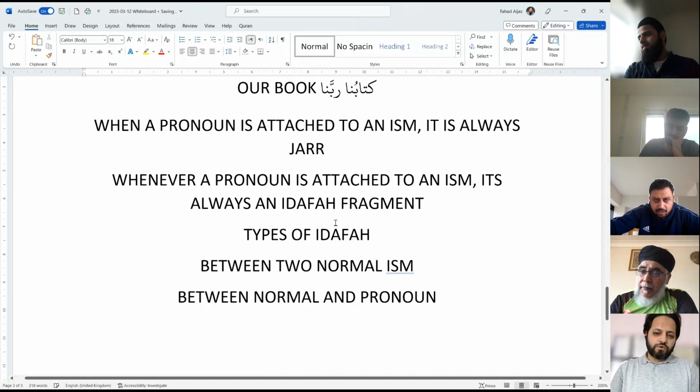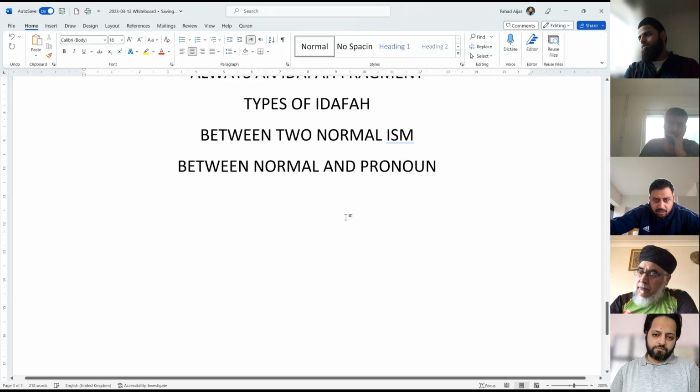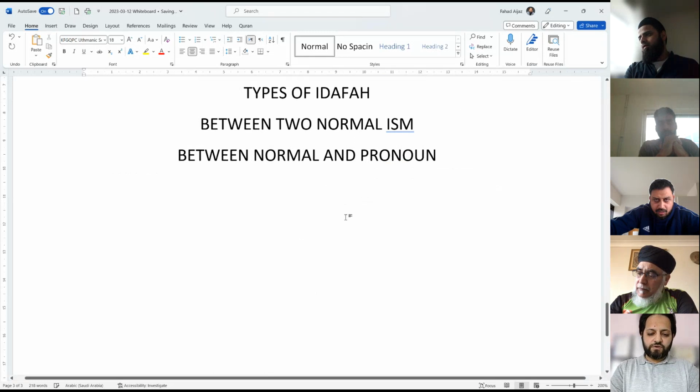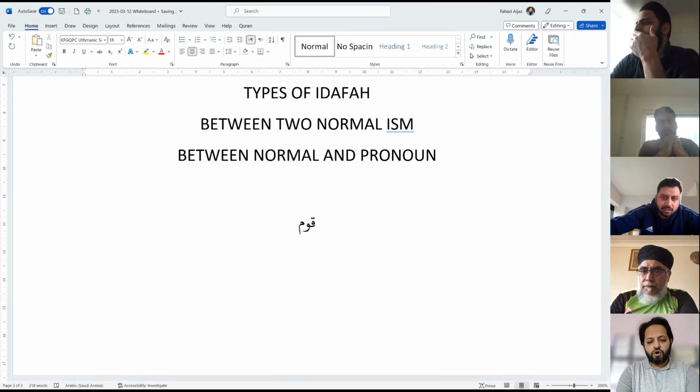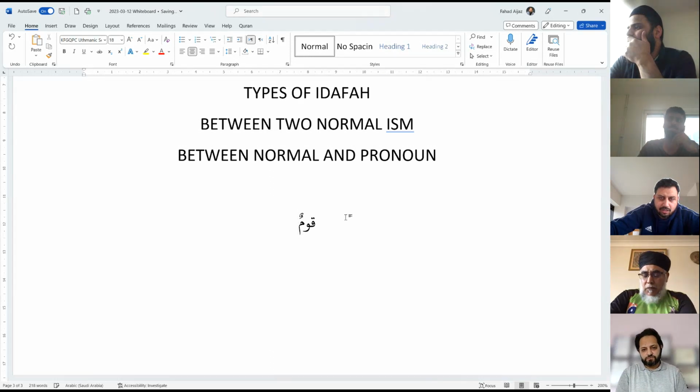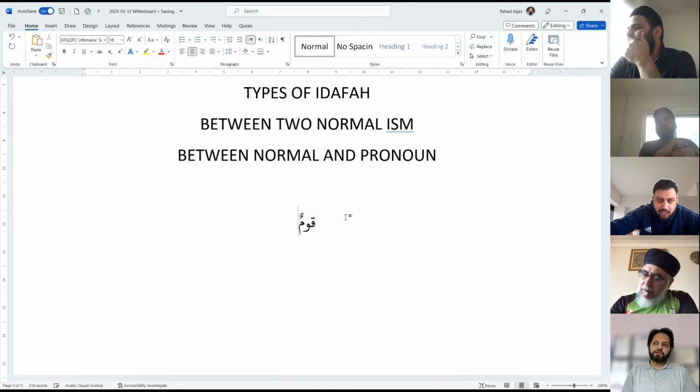Now, what I was going to do was apply this concept. Let's say we take the word qawm. Qawmun is nation. We know this word is used in the Quran quite a lot. I want to say, let's say, his nation. So what's the thinking process?